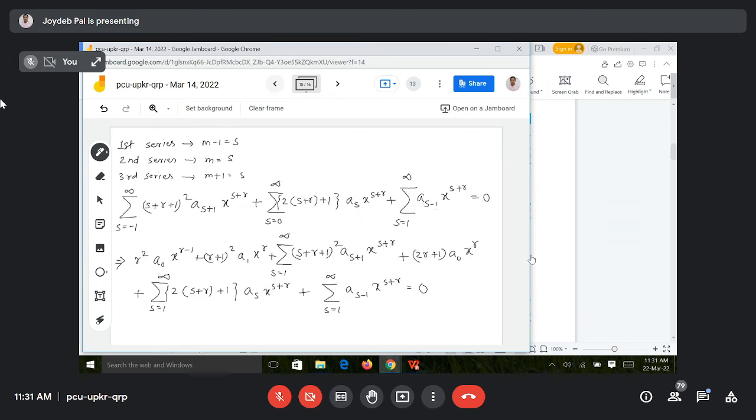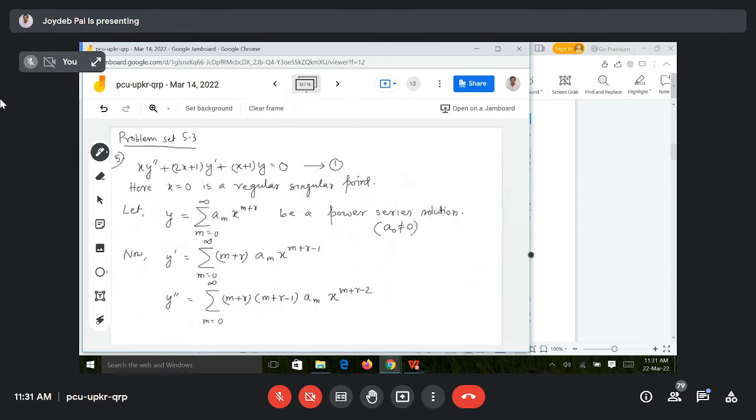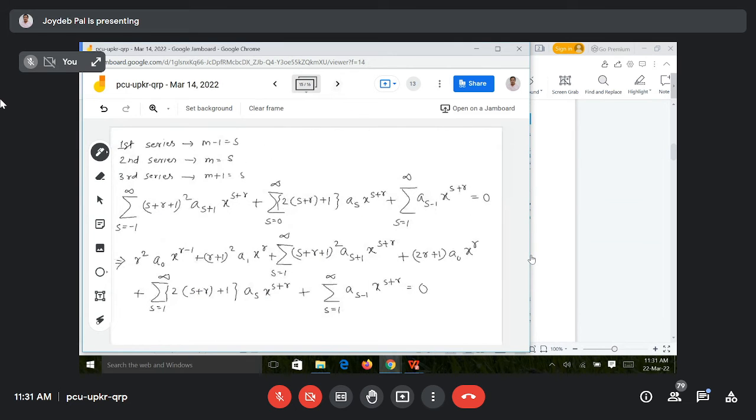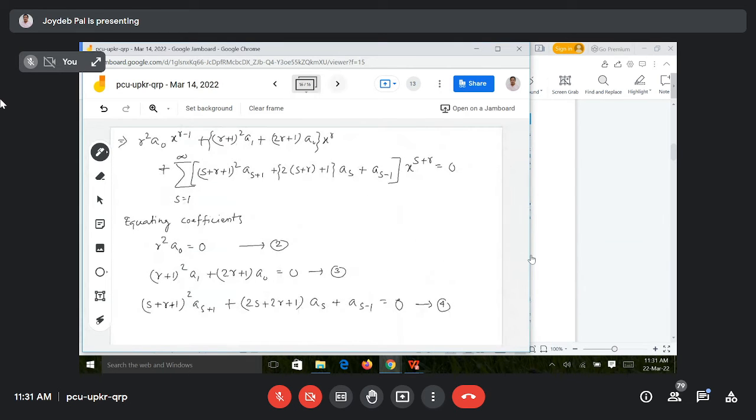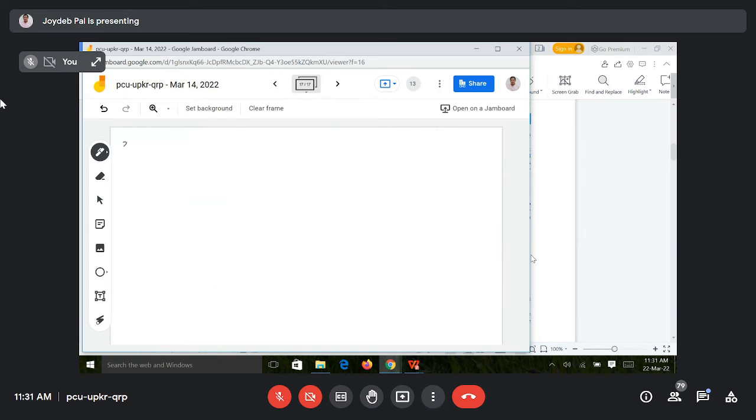And already at the beginning I have assumed that a naught not equals to 0, so a naught cannot be 0, so r square is equal to 0, right? So 2 is the initial equation.